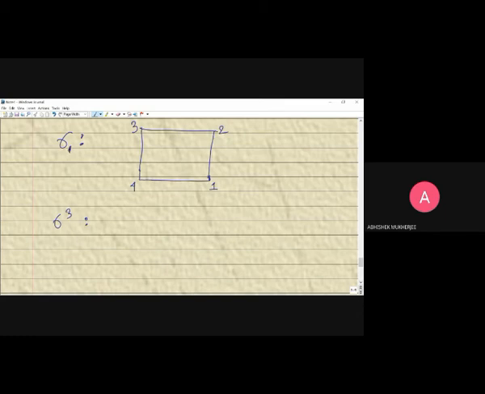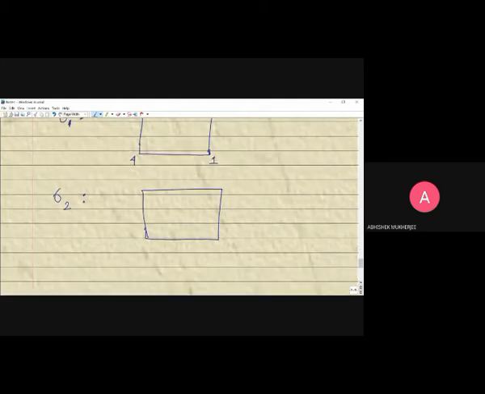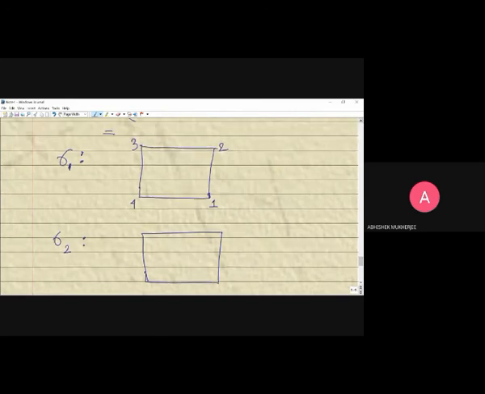and sigma 2 will be, this is the rotation. Yes, a rotation. I need to mention this.